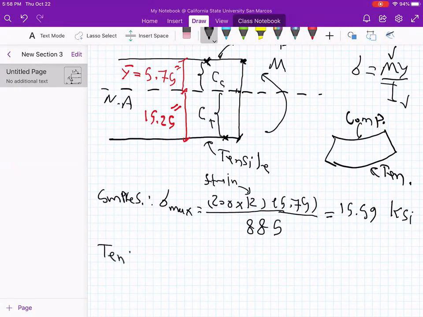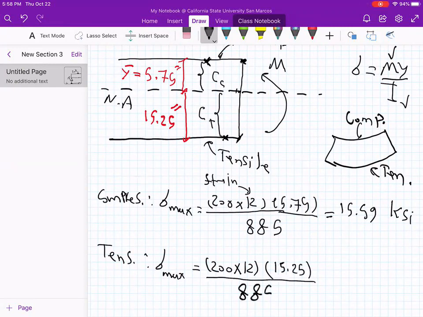So for the tensile, sigma max would be again 20 times 12, and now this distance is 15.25, divided by 8.85. The answer I have is 41.36 KSI.